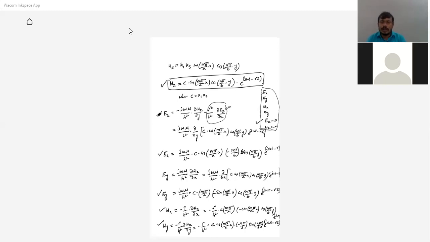Already we saw that in TM mode, the minimum mode existing is TM11. That means there is no TM10 or TM01 mode existing in the TM mode. Why? If TM01 or TM10, all field components are 0.